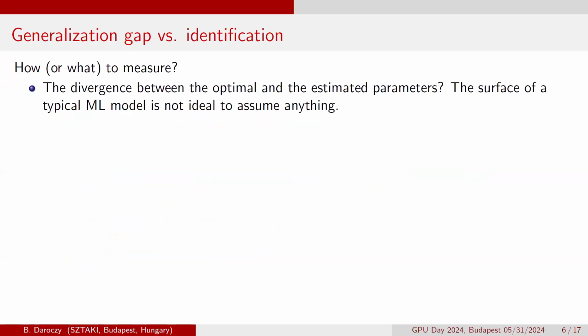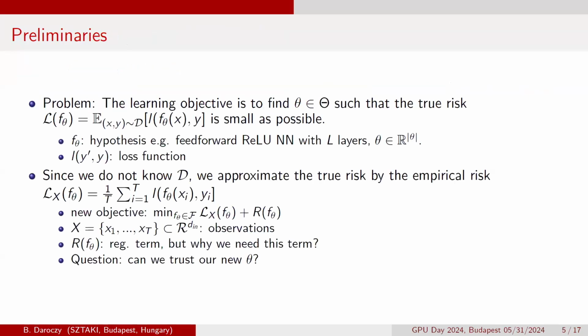But the question is, can we trust what we found based on the empirical risk? Actually, we have some kind of parameters. So if we have some kind of metric connected to the parameter space, we can measure the distance between the true optimal one and the one we found, right?